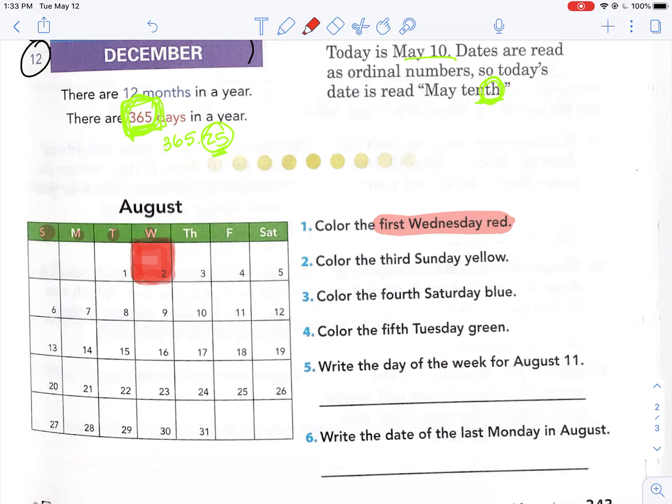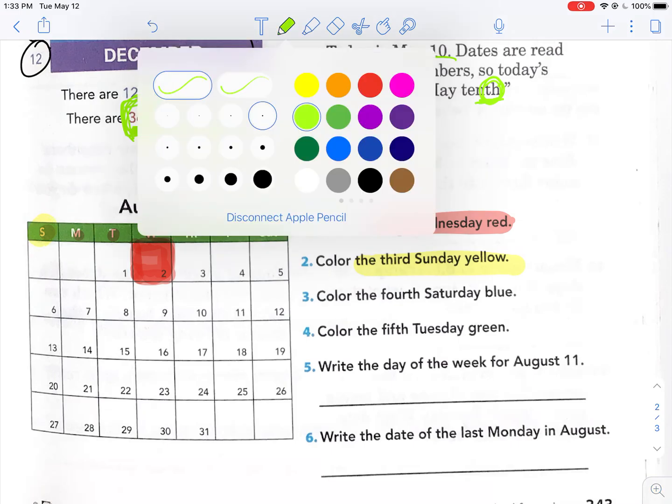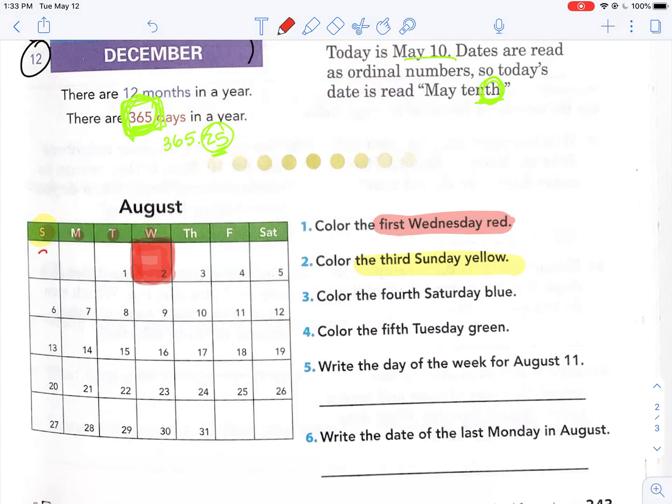Color the third Sunday yellow. Third Sunday yellow. This is where you don't want to get confused. Here's the Sunday. Okay. This one does not count. I'm going to put a red. This one does not count. Do you see there's no date there? That's actually part of the month before. What's the month before August? It's July. So that date, it still exists, but it's not part of August.